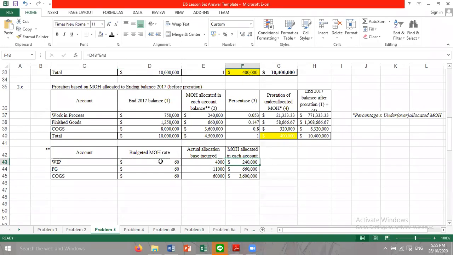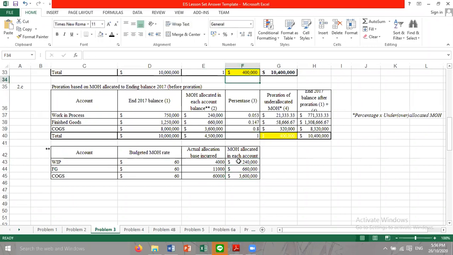So the MOH allocated is $60 per machine hour times 4,000 machine hours, which is 240,000. The same goes for finished goods, $60 per machine hour multiplied by 11,000 machine hours. We'll get 660,000. And the same goes for cost of goods sold, in which we'll get $3,600,000.